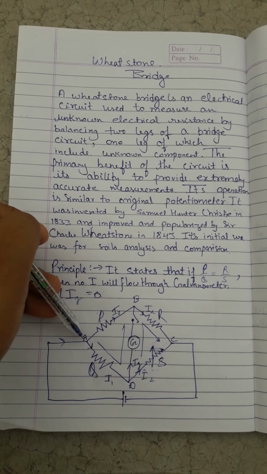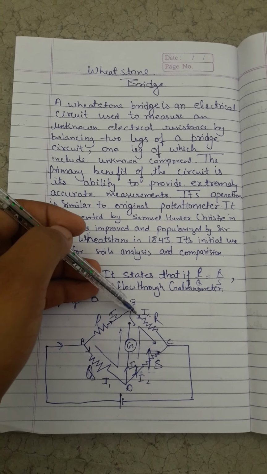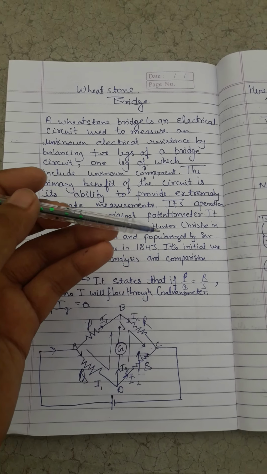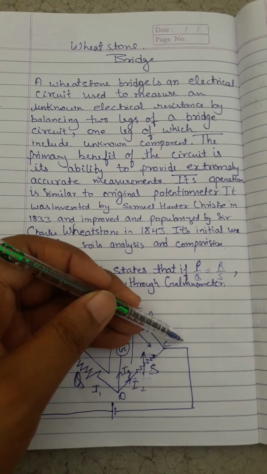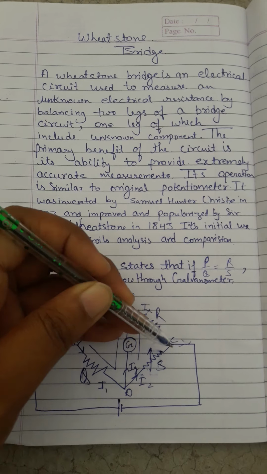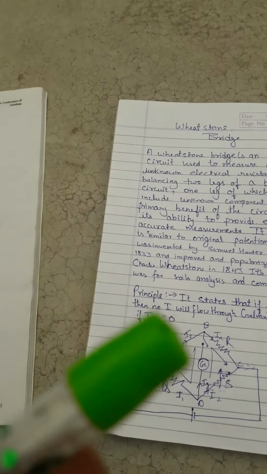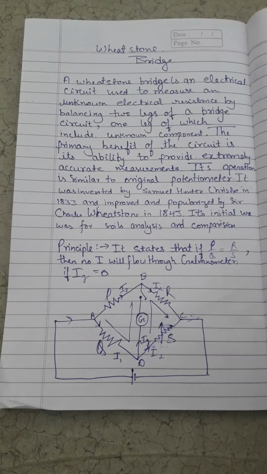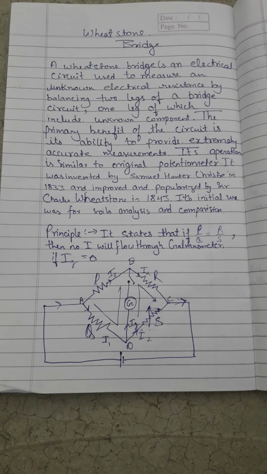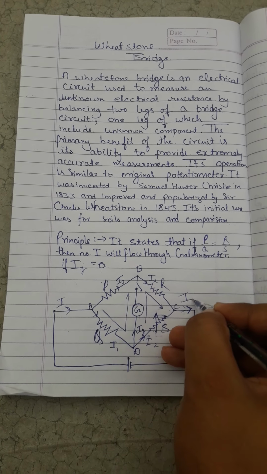Here the current which will flow through the P resistance will be known as I3, and then Ix is I3 plus Ig, and then the current will come out from this direction. Suppose that this is the unknown resistance, so we can find the value of the unknown resistance from here. The current which will flow through this is known as I, and there will also be I.